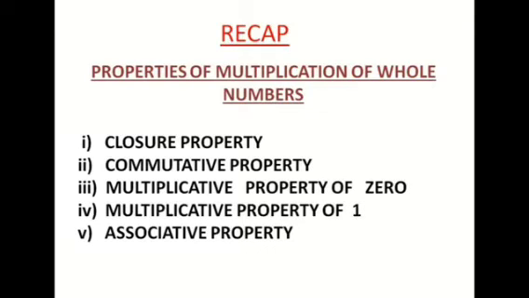In my previous class, I explained the properties of whole numbers with respect to multiplication. I hope you all have learned those properties. So let's have a quick recap. The first property I explained is the closure property of multiplication. What does the property say?